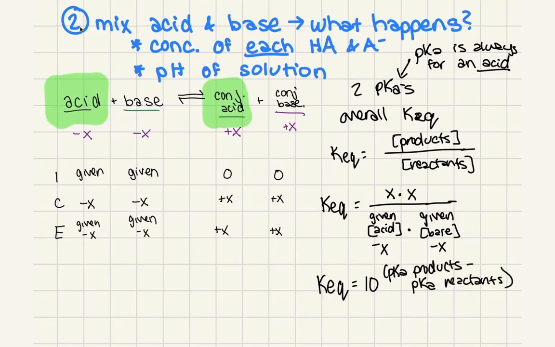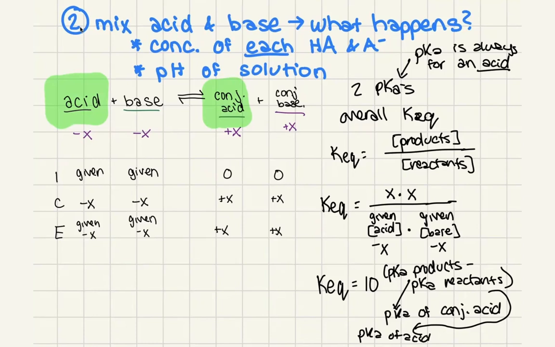And so when we're dealing with the products, that's going to be your pKa of the conjugate acid. And then your reactants, that's going to be your pKa of your acid, like your initial acid.